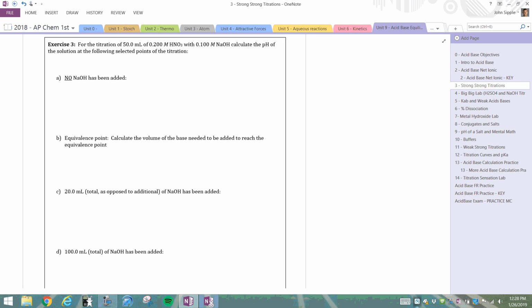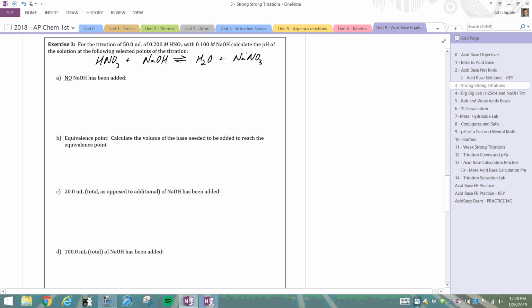In this case, we are titrating 50 milliliters of 0.2 molar nitric acid, HNO3, with sodium hydroxide, NaOH, and it's going to water and sodium nitrate.